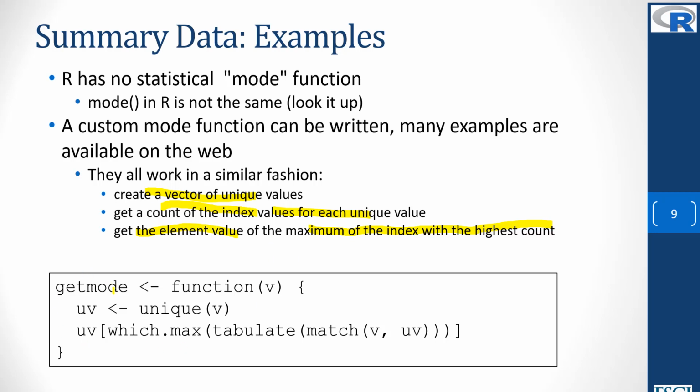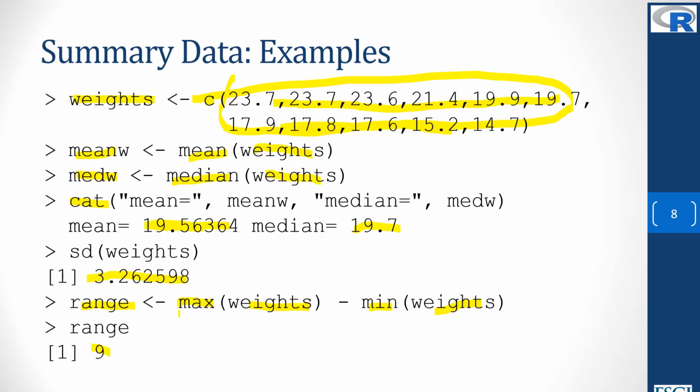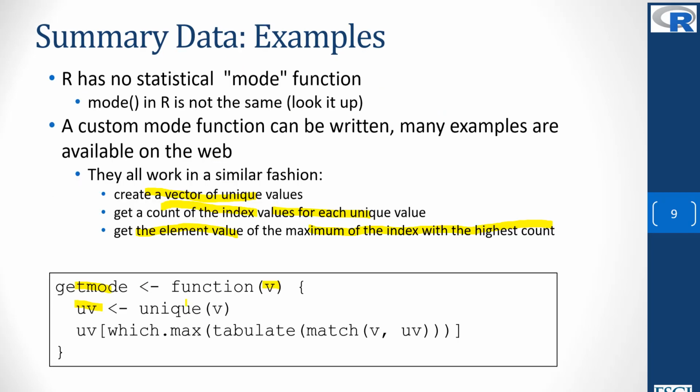So this little function, getmode, we pass it a vector v, we get that unique vector. If there's no repeated values, if they're all different, it'll be the same size as the original data. But if you look at our original data here, we do have a couple values that occur twice at the very beginning, 23.7. So 23.7 will only occur once in this unique vector that it's creating, along with all the other values. Then it gets the index values of the unique values in the original data using the match function, and it tabulates them, which means it counts them.